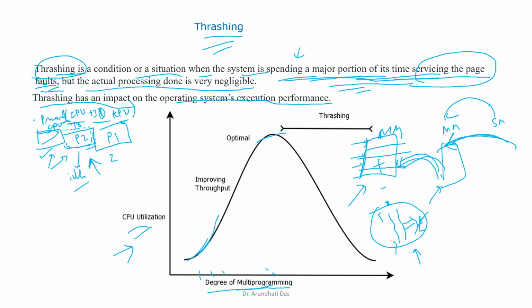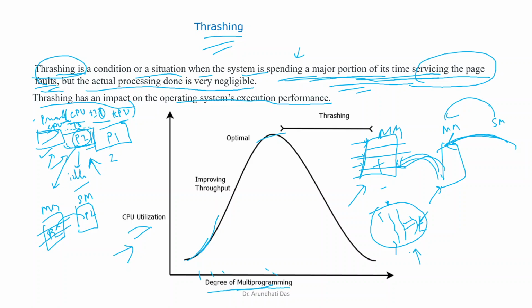But here the problem is that when I am loading pages from the secondary memory to the main memory, my main memory will be occupied with all the pages from process 2.